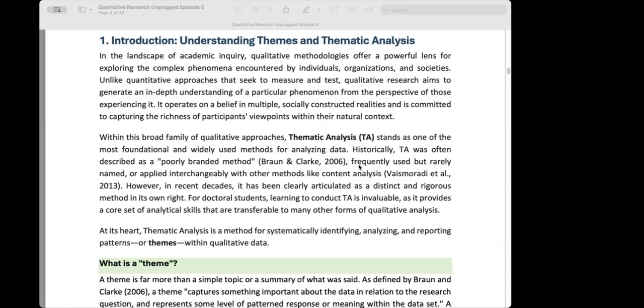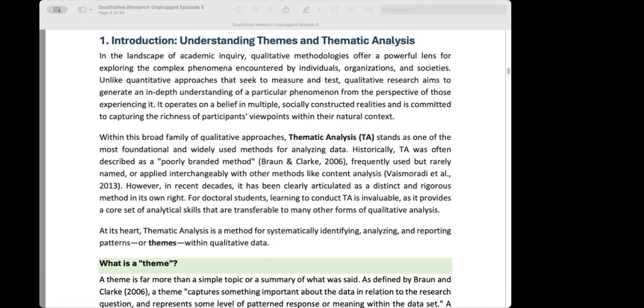Okay, so to kick us off, let's just quickly set the stage for qualitative research in general, because thematic analysis sits squarely within this whole approach, doesn't it? It absolutely does. It's a core qualitative method. At its core, qualitative research is all about diving deep, right? Yeah. Understanding phenomena from the perspective of those actually experiencing it. Exactly. The insider view. And embracing this idea that there isn't just one single objective reality out there.